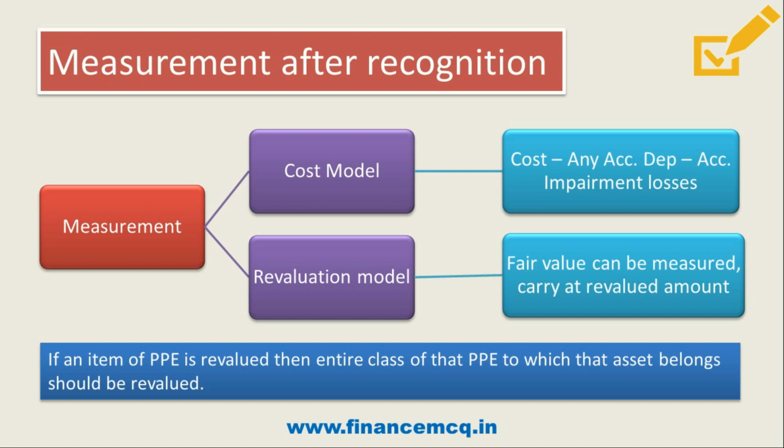A class of assets can be, for example, machinery. So machinery is a separate class of assets like land, building, etc. So if one machinery is measured at the revaluation model, then the entire class of machinery is to be measured by the revaluation model only. And the same will apply for the cost model also. If for a particular class you have applied the cost model, then you have to apply it for the entire class of asset.